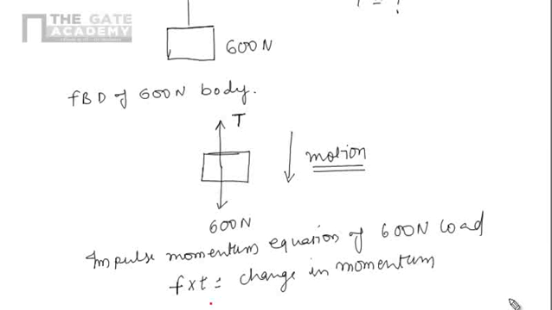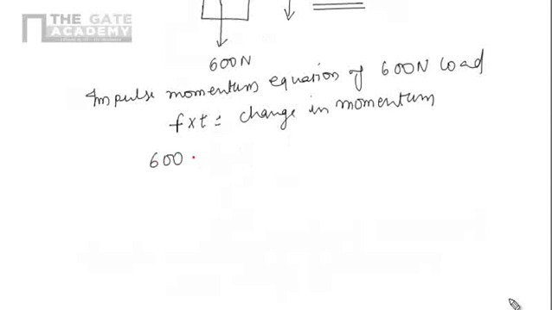Here I am talking about the net force. It is moving in the downward direction, so the net force will be 600 minus T. And the time we know is 8 seconds. Change in momentum means we have to take m into v minus u. V is the final velocity, u is the initial velocity. And this system is released from rest, so obviously u will be 0.